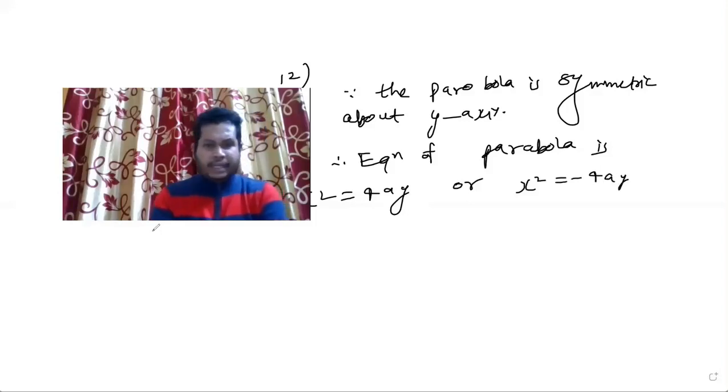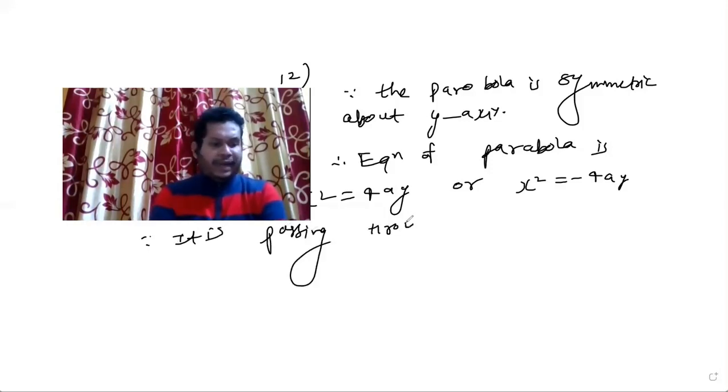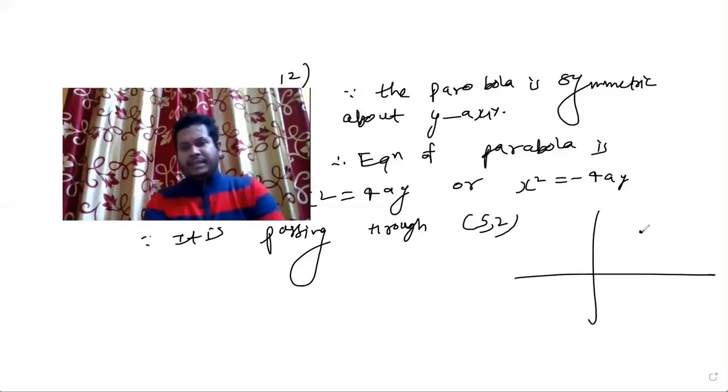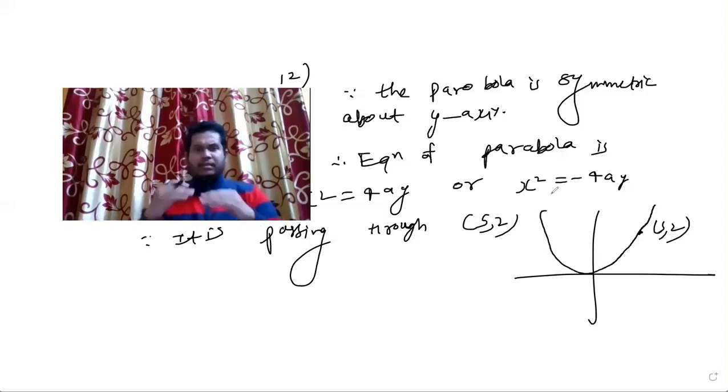Now since it is passing through (5, 2), this is a hint that they have given. (5, 2) is a point somewhere in the first quadrant, isn't it? So if the parabola is passing through this point, that basically means it's the upper part, above the horizontal axis, isn't it? So obviously it's going to be the third form.